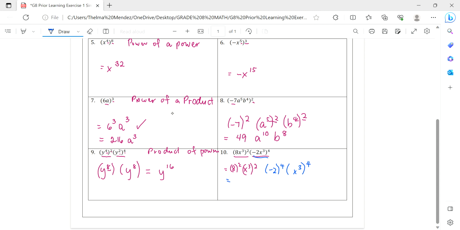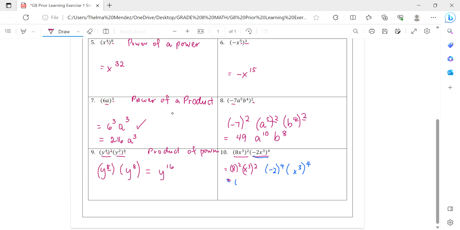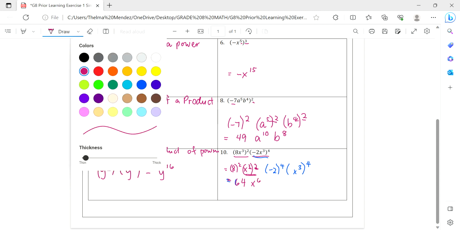Okay, we have here 8 squared. So 8 times 8 is 64. And then this one, power to a power, x. So it's going to be 3 times 2, power to a power, multiply, 6. And then, let's do the other one.